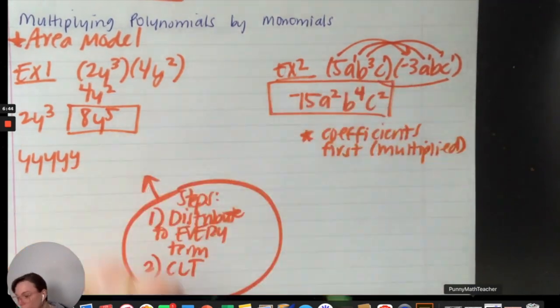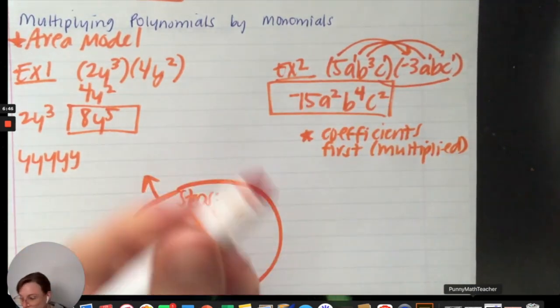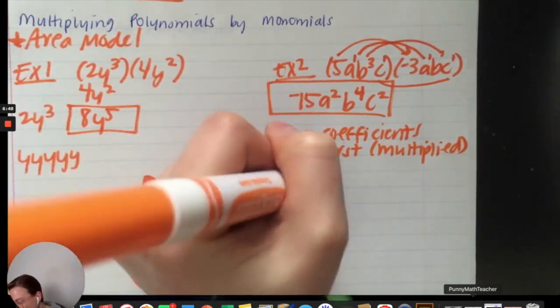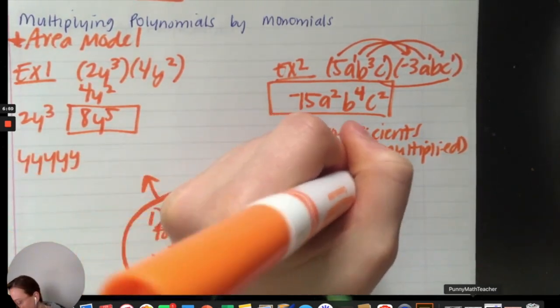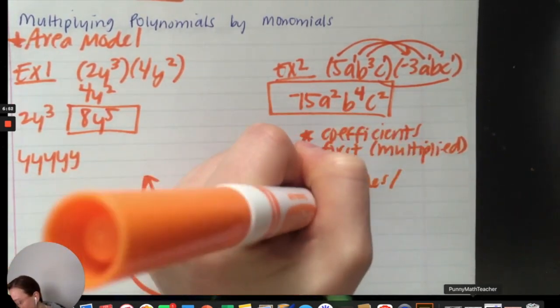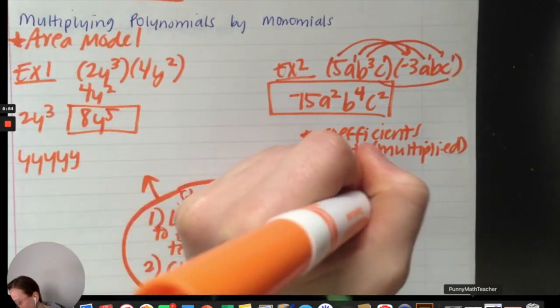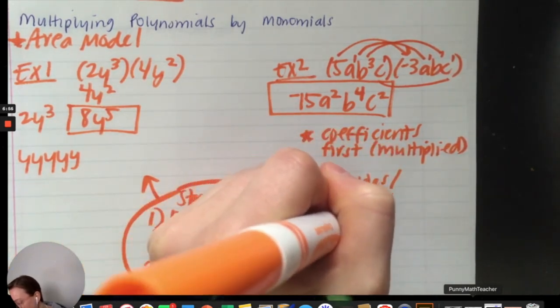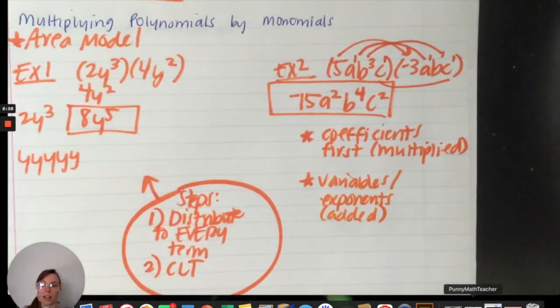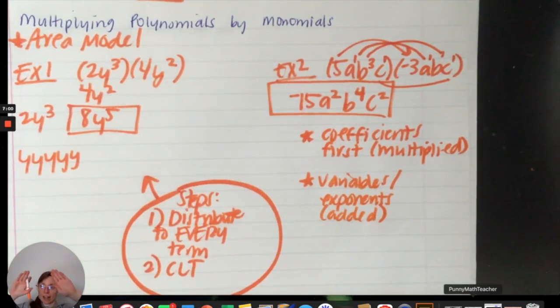All right, so I multiplied the 5 by the negative 3. Then I'm doing the variables with their exponents, but I added their exponents because I have an a multiplied by another a. That means there are 2 a's being multiplied, so it is a squared. All right, so think about that and why it all worked.